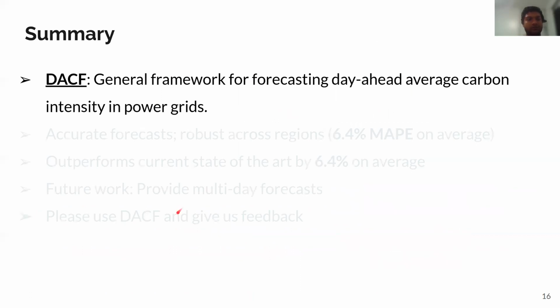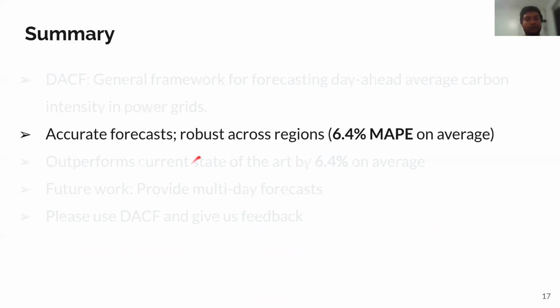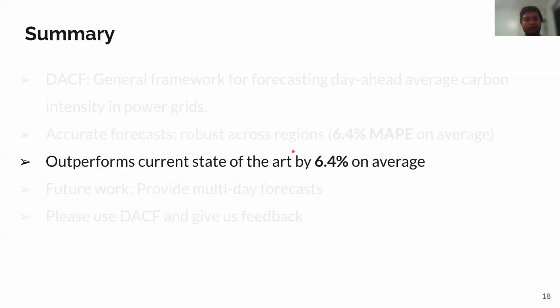Thus, to sum up, we present DACF, which is a general framework for forecasting day-ahead average carbon intensity in power grids. DACF provides accurate forecasts and is robust across geographically distributed regions. It also outperforms the current state of the art by 6.4% on average.